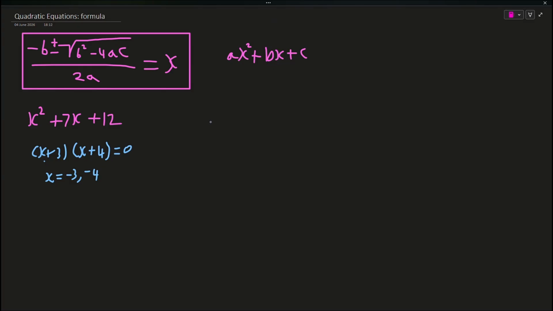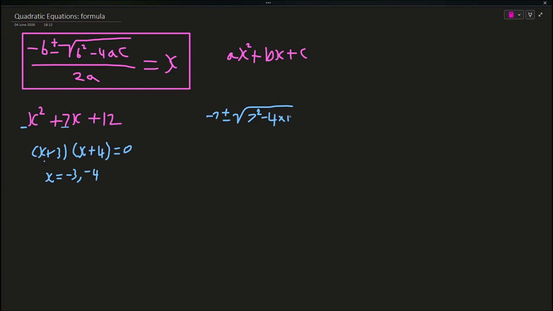So let's use our example. So b is the number in front of x, that is the 7. So this would be minus 7 plus minus the square root of 7 squared minus 4 times a. A is the number in front of the x squared, but here there's no number, which means that a is in fact 1, because if there's an x, then it has to be at least 1, right?